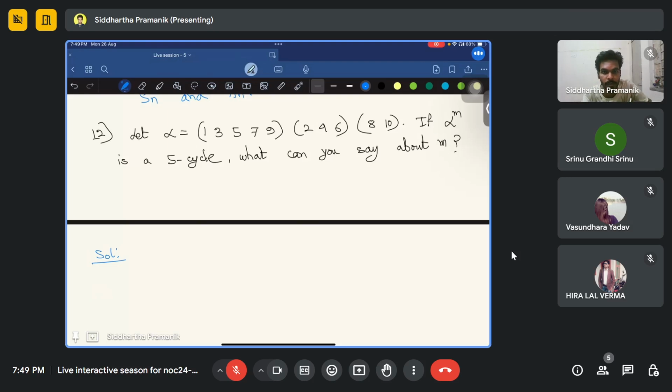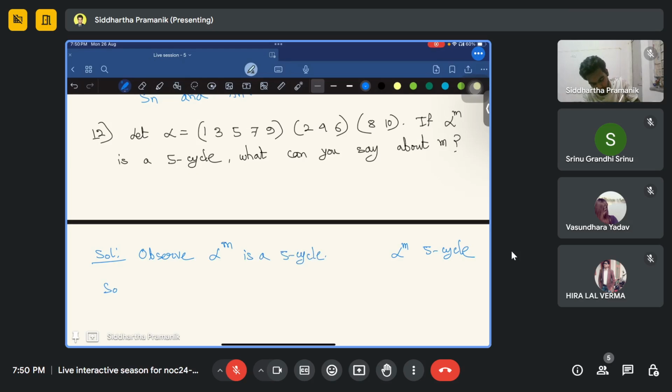What should be your first step? So observe that alpha power m is a 5 cycle.